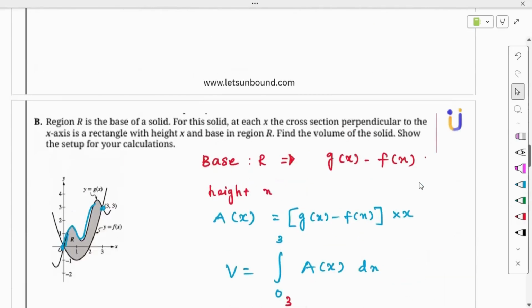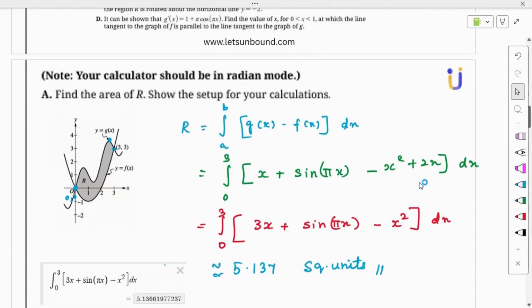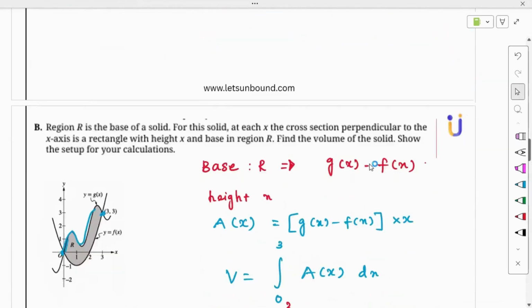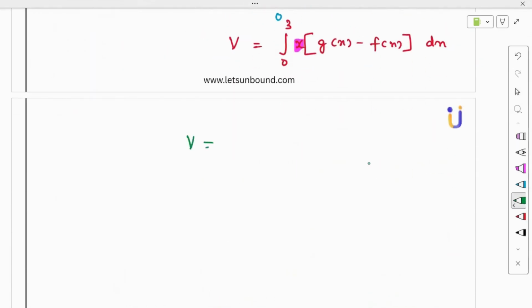Okay, so you can either simplify. Already we have the simplified version of g of x minus f of x. So you can use it to show the perfect setup. So V equals integral 0 to 3 of x times (3x plus sine pi x minus x square) dx, right?